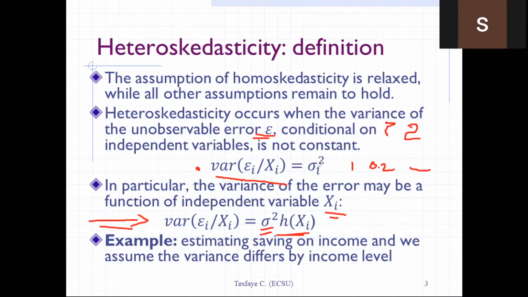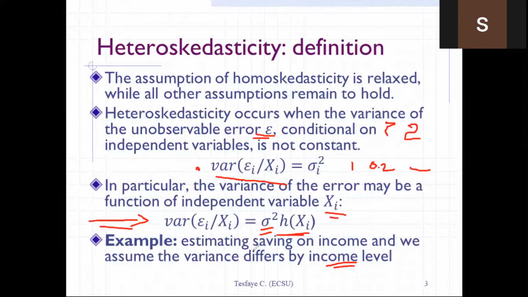So here I have a good example for you. That is estimating saving on income, and we assume the variance differs by income level. We are dealing with saving. Saving is a function of income, and that means that saving of rich households is more variable than saving of low-income households.